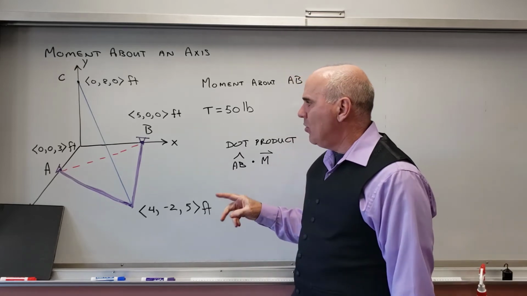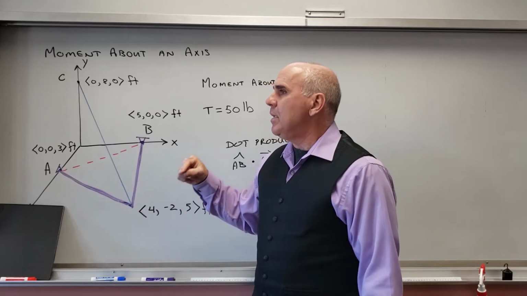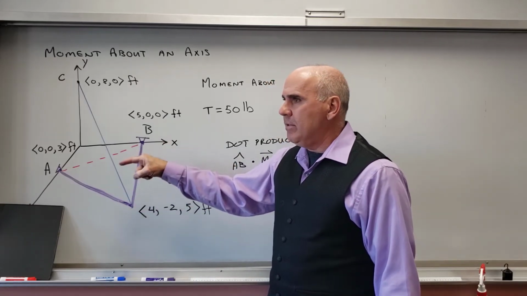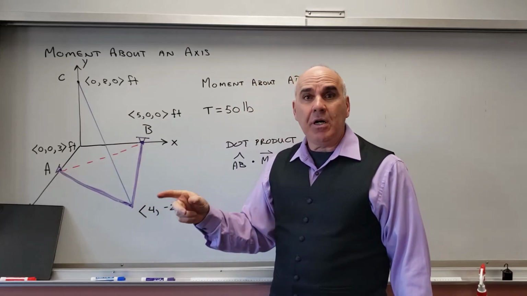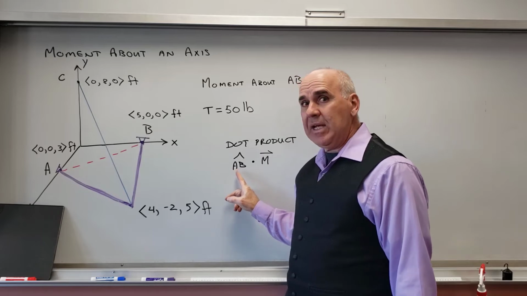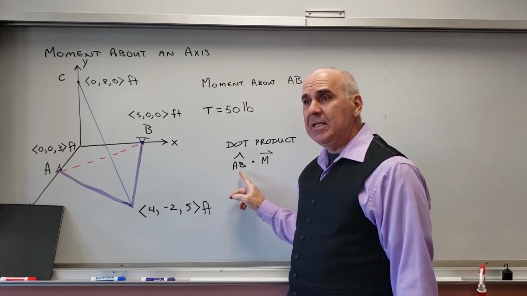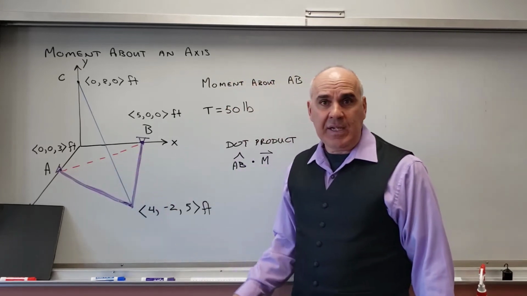Doing a problem like this takes two things. First, I need to find the moment, and a moment is generally around one point. The moment around A, due to this tension here, and the moment around B are not the same. But I'm going to tell you that when I take the dot product between either of those two moments and this axis, I'm going to get the same result.